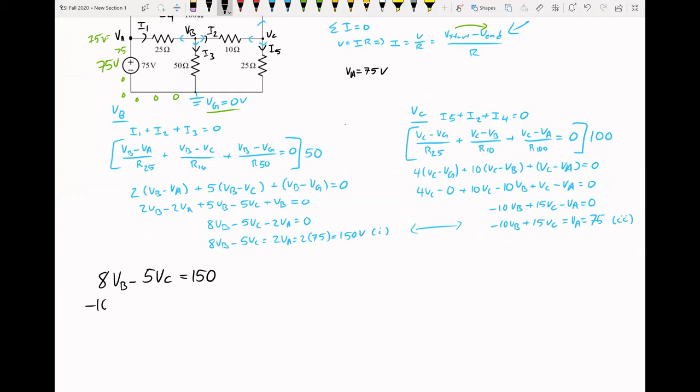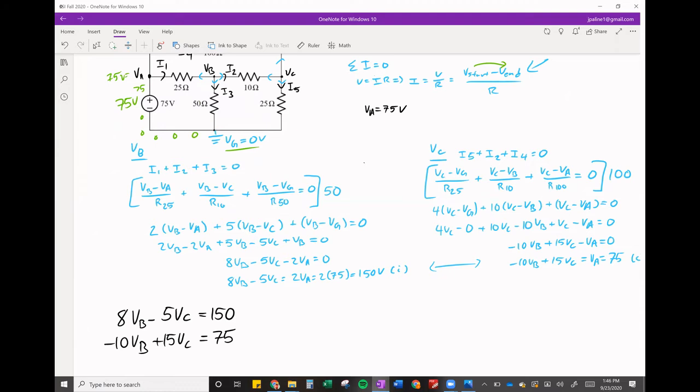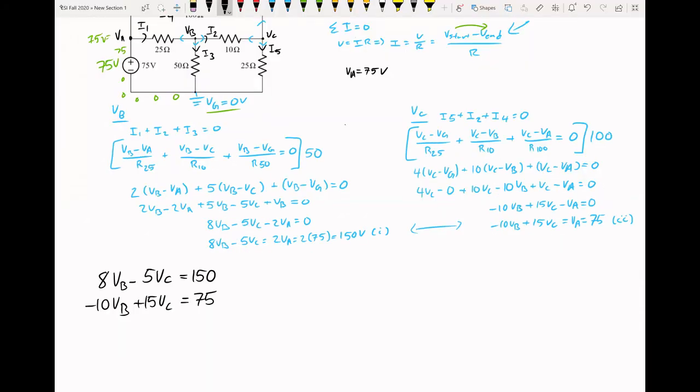And then minus 10V of B plus 15V of C is equal to 75. Okay. Equations 1 and 2.